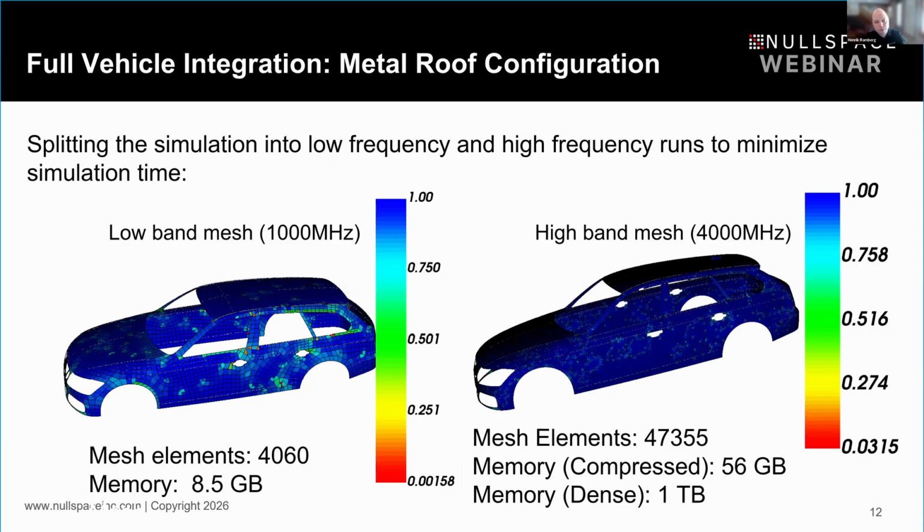Something else that you might pay attention to here is that we have a scale next to each of these cars, and you can see that it's color coded. This is actually a good checking point that we do after we have done the meshing and before we start the simulation, and that is to evaluate the quality of the mesh. So the scale and the color coding just mean the quality of the mesh.